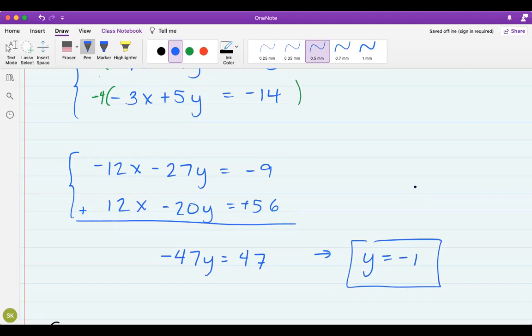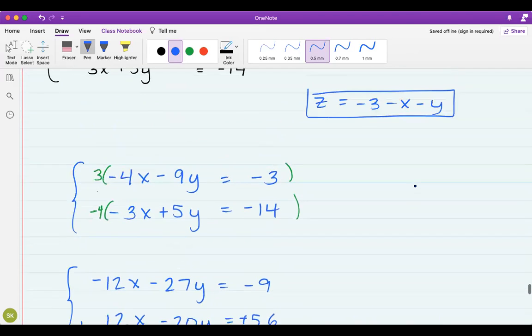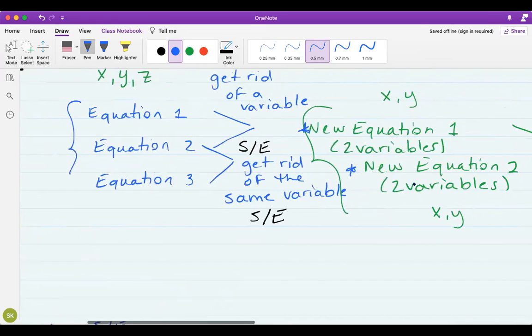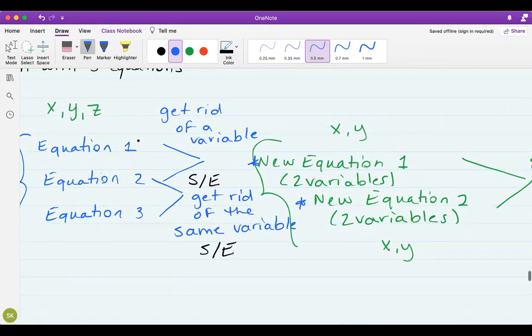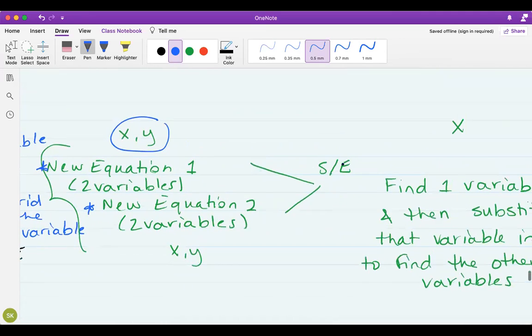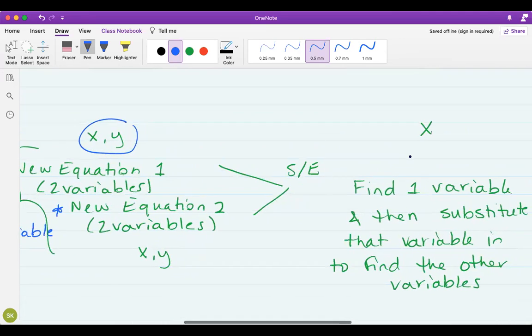Okay, let's go back to our little chart way up here. Let's review what we've done. We've taken equation 1 and 2, we got rid of z, and we had an equation with just x and y. And then we had equation 3 that already was just an x and y, so we put it here. Then we used these two equations, we used elimination, and we found the variable y.